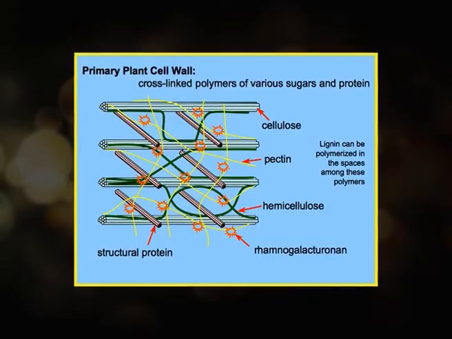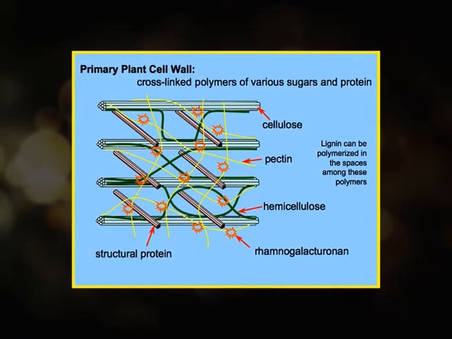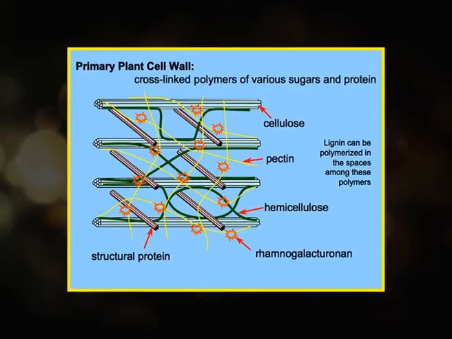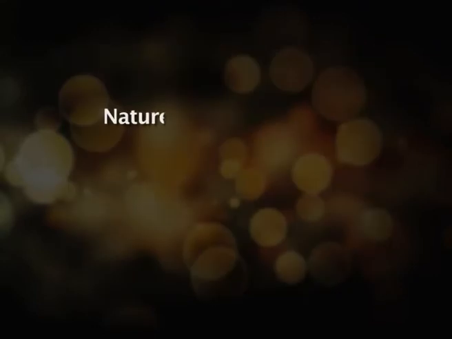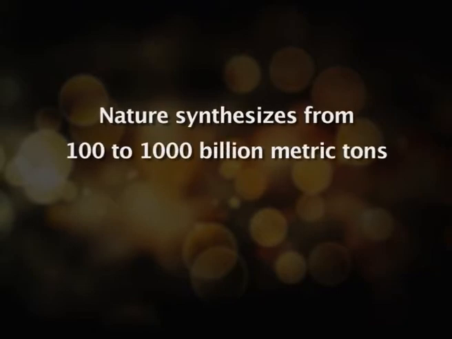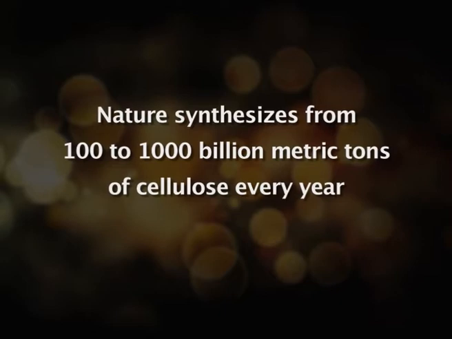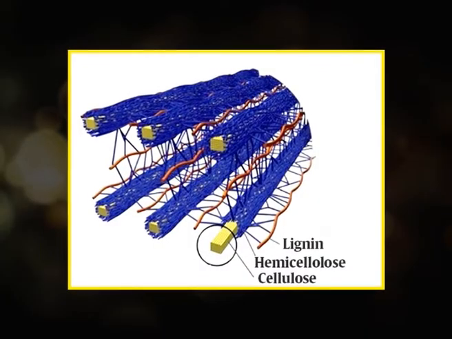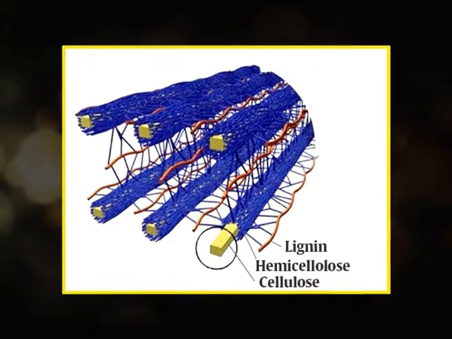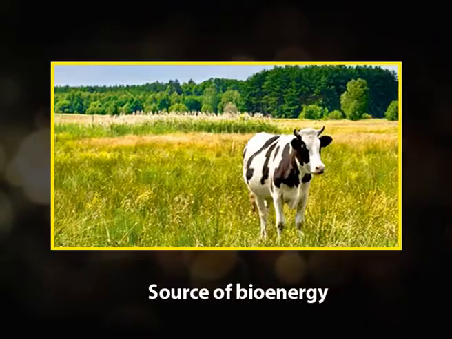Cellulose. Cellulose is the world's most abundant naturally occurring organic substance, rivaled only by chitin. It has been estimated that nature synthesizes from 100 to 1000 billion metric tons of cellulose every year. It is therefore not surprising that humans have made use of cellulose on a vast scale in the paper, mining, building and allied industries, and as a source of bioenergy.